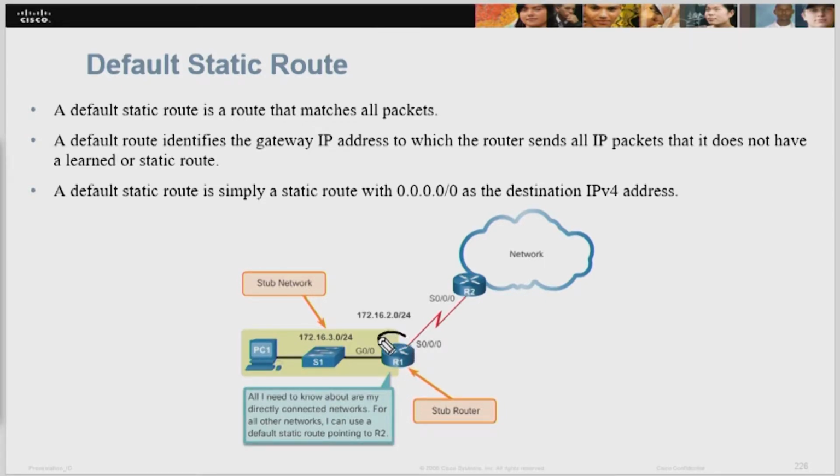We could tell R1 out here that, hey, R1, if you see any network you don't recognize, send it back to corporate, send it back to the data center, send it back to the hub in the center of our universe, if you will. So we create one of those static default routes and we send it back, and then any traffic that we don't recognize will go back to the data center, to the center of our network.